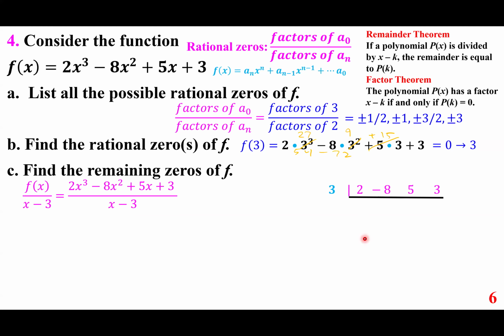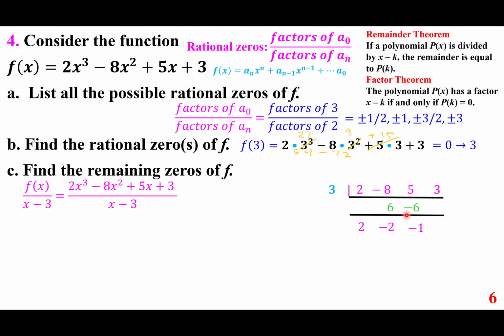So we're going to drop the number 2 just the way it is. We multiply these two and put it here, 6, and negative 8, they add up to negative 2. We multiply by 3 and put it here, we get minus 6. They add up to negative 1.